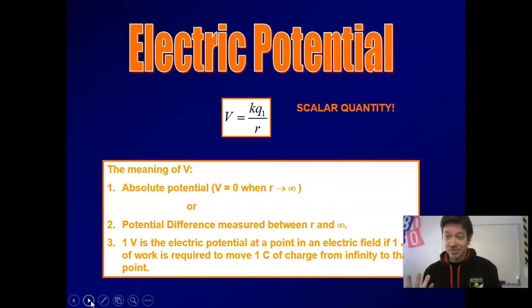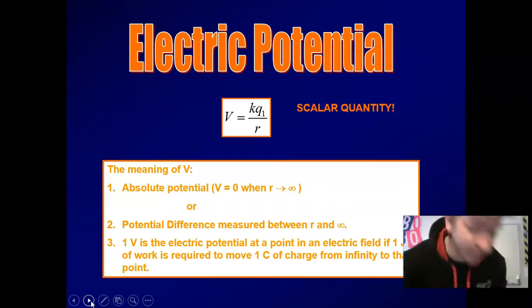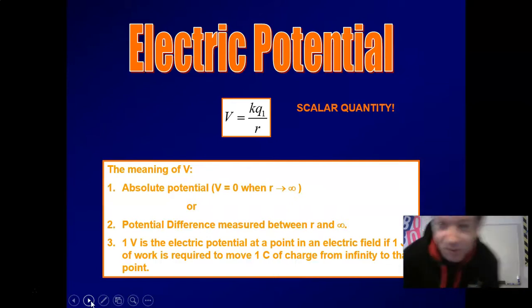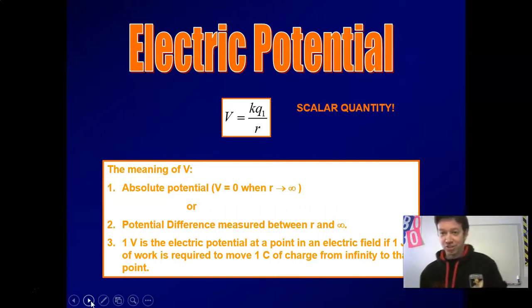If you have a positive charge, the potential at any point will also be positive. If you have a negative charge, the potential at any point will be negative. So if you're trying to solve this equation and you're given a certain charge, whether positive or negative, you can put that positive or negative into the equation and it'll work out.